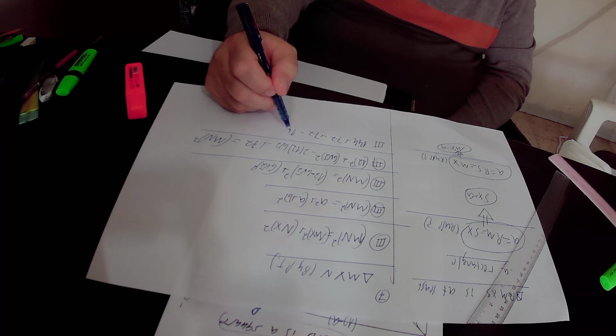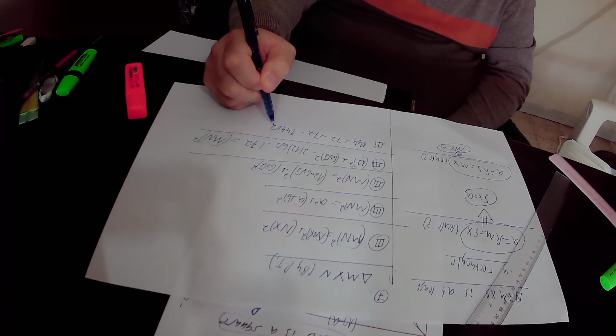So it is minus 144 times square root of 2.